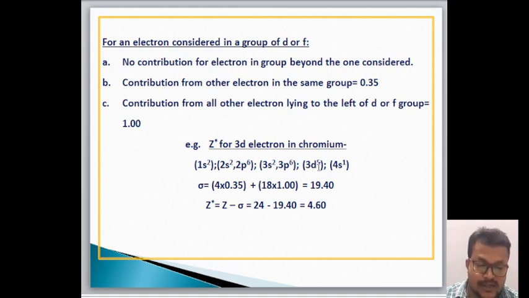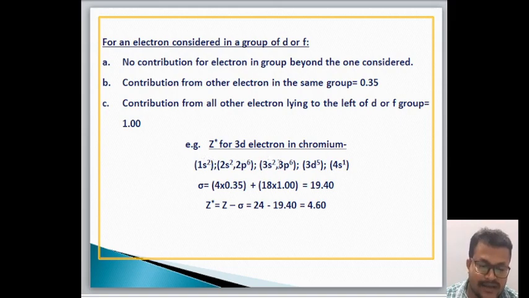In this 3d orbital 5 electrons are there, so we have to consider only 4 electrons. So 4 into 0.35. Then from the rest of the groups, the contribution will be 1. All total: 6 plus 2 is 8, 8 plus 6 is 14, 14 plus 2 is 16, 16 plus 2 is 18.